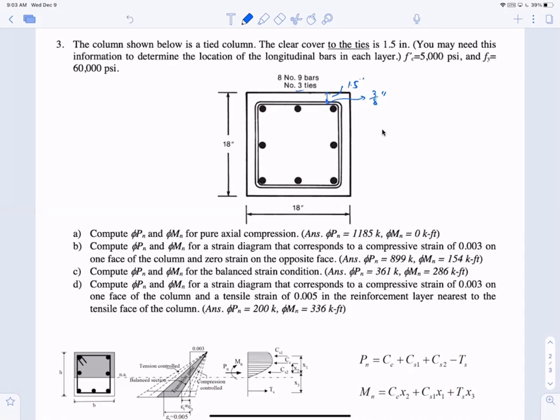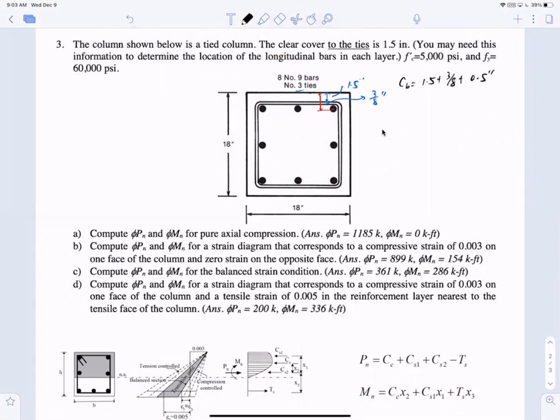So the real concrete cover between the top concrete surface to the bar, if I use the red color right here, this concrete cover right here, CB, should equal 1.5 plus 3/8 plus half of the bar diameter. In this case, number 9 bar, so 0.5 inches. Okay, so that's the first thing. You need to find the concrete cover to get the position of the top compressive bars.